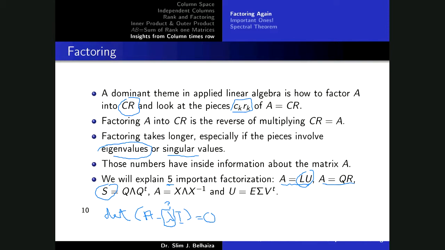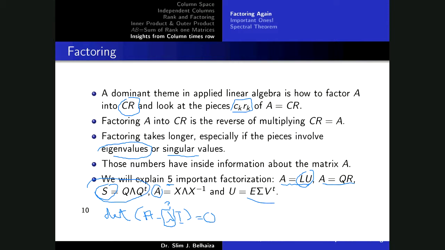Or in the most general case where A is not symmetric, you can write it as X lambda X inverse. Or this factorization where A is equal to U sigma V transpose.